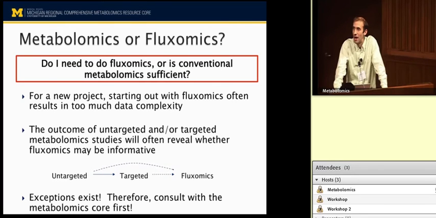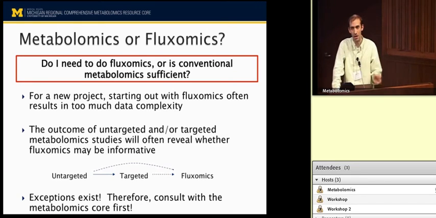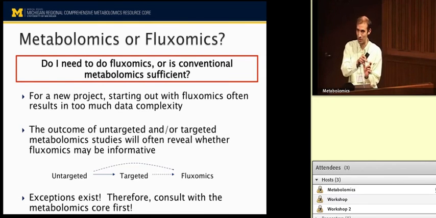However, you can't do absolute quantitation as easily because the internal standards that we use often are stable isotope labels of the same form that you may be generating in a fluxomics experiment. So absolute quantitation is trickier to do in the context of a fluxomics experiment. So there's still that advantage.